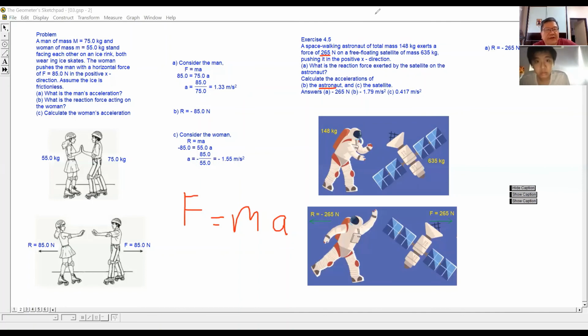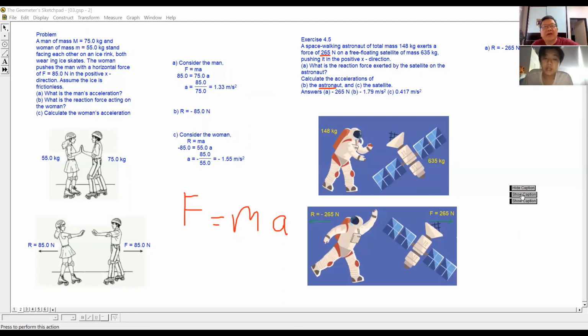The example is on the left hand side; you can refer to the example on the left. 265 divided by negative 148, not 1.48, 148.